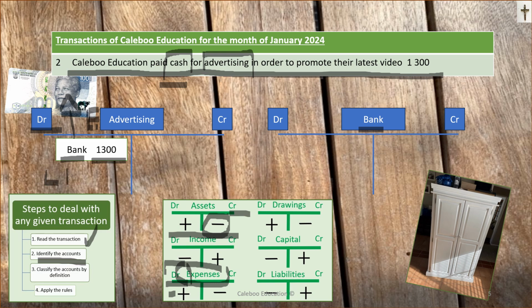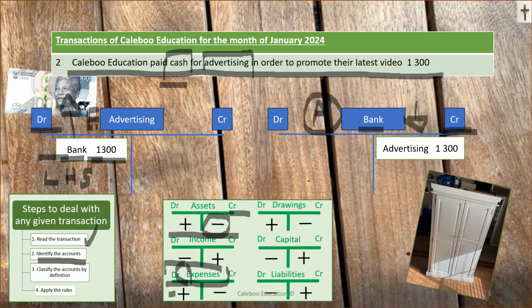So on the left hand side of this T account, the debit side, we put in the entry bank 1,300. Then the credit entry, because bank is an asset and there's a decrease, this arrow is pointing downwards, in the bank balance, the account gets credited as per our rules. A decrease in assets, the account gets credited.